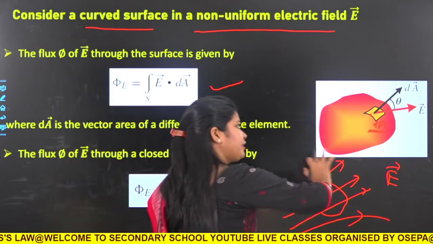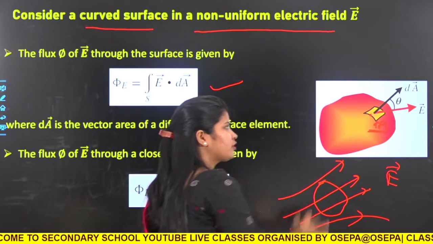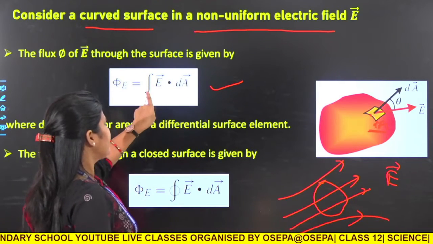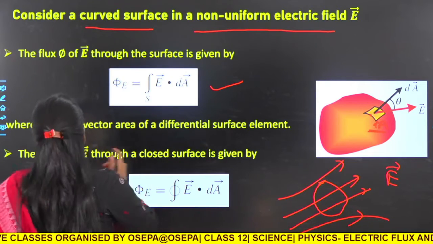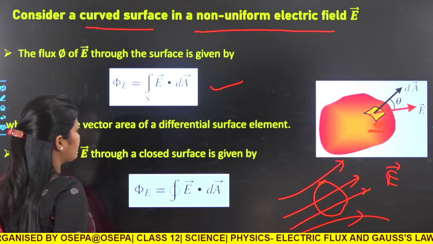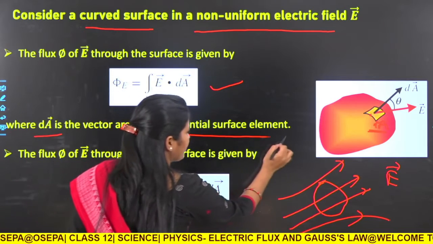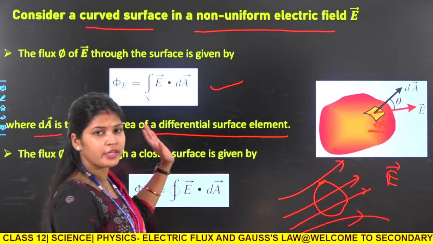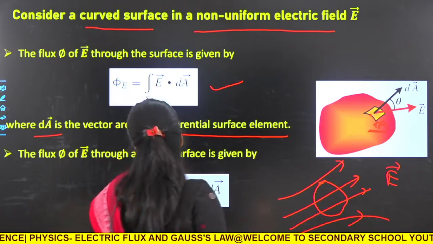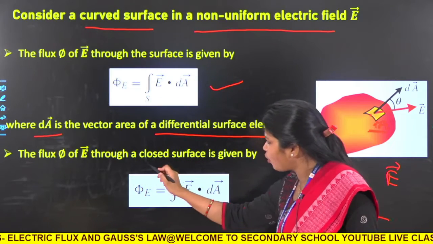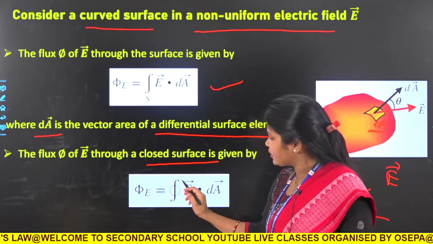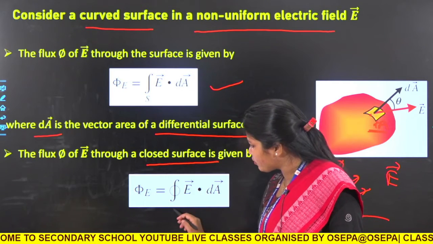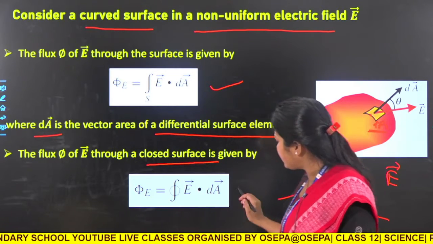So in order to get the total flux we should integrate E dot dA, where the dA vector is the vector area of a differential surface element. The flux of E through a closed surface is given by phi E equal to the closed surface integral of E dot dA.